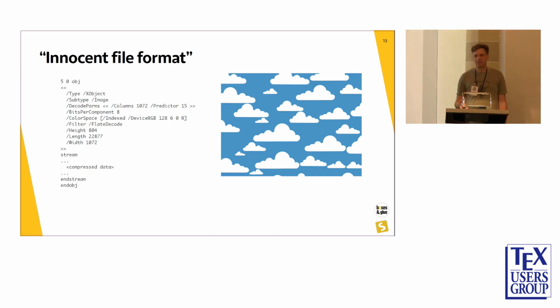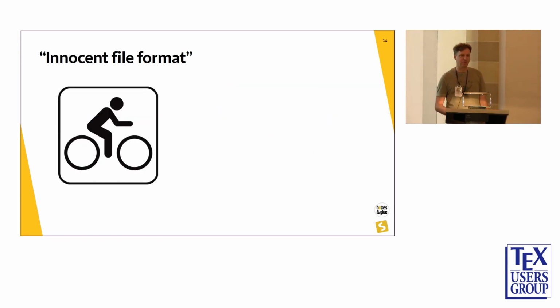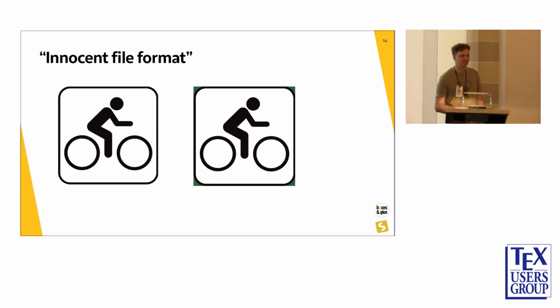Then I came up with the next image. I tried to include this. It came out like that. You see the strange four corners? I said, okay, what happened here? And I finally found out that these four corners are transparency. So I had to look up the spec again, find out how transparency is implemented with bitmap images. I implemented this and I said, great, finally got it.